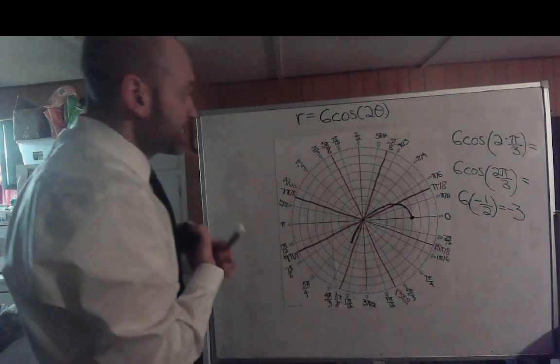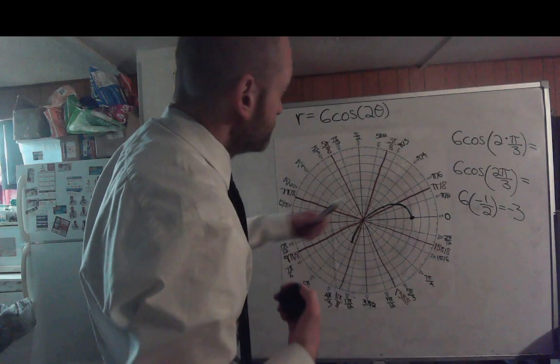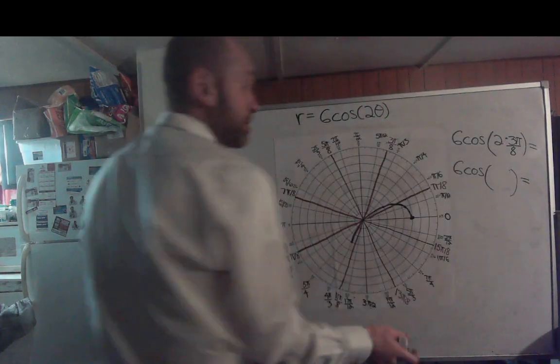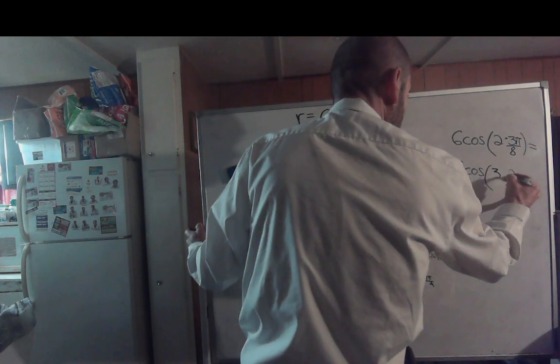All right, so the next special angle then is going to be 3 pi over 8. Well, 2 times 3 pi over 8, that becomes 3 pi over 4.